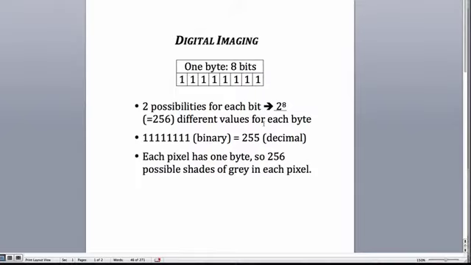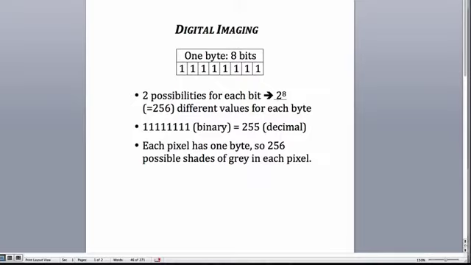Because we start at 0, we have to end at 255, a total of 256 values. And here's my maximum value, 11111111, and that turns out to be indeed 255 in decimal. All zeros is the smallest value, of course 0 in decimal. So that's our range, 0 to 255. If each pixel has 1 byte, 256 possible values, these values represent different shades of grey. That's the key to it.